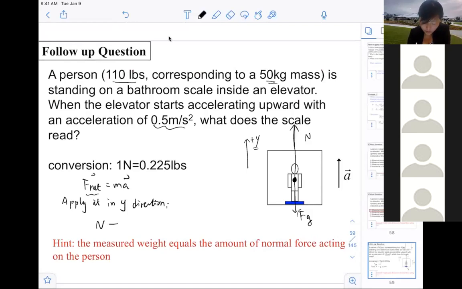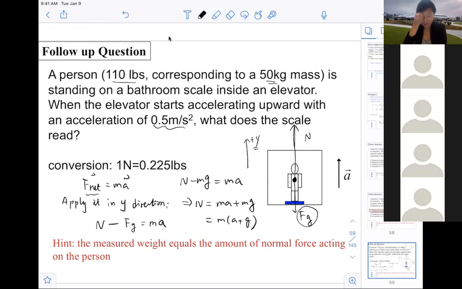Gravity is in the opposite direction, so I should write it as negative: N minus F gravity equals ma. Here a is positive as well. We also know that the force of gravity is mg, so the normal force acting on the person is ma plus mg. So this would be the normal force.